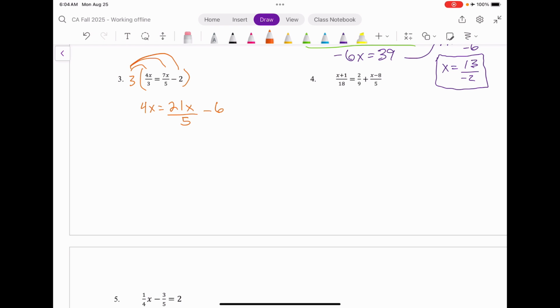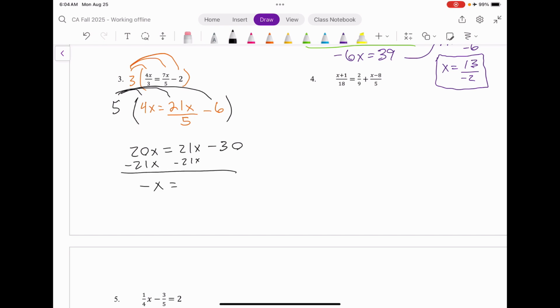And then we could get rid of the 5 as well by multiplying everything by 5. So we get 20x, the 5s cancel there, and then minus 30. And then subtract the 21x from both sides. So negative x equals negative 30. Multiply both sides by negative 1, so x equals 30.